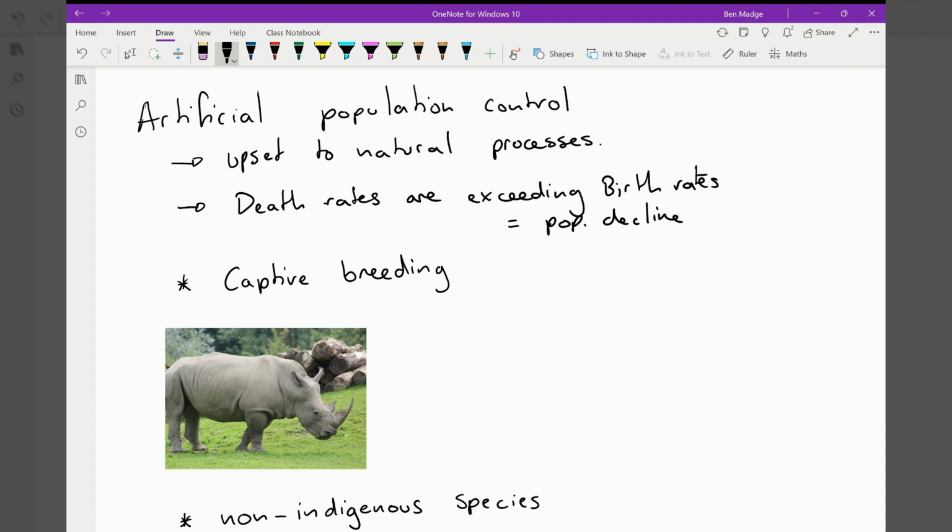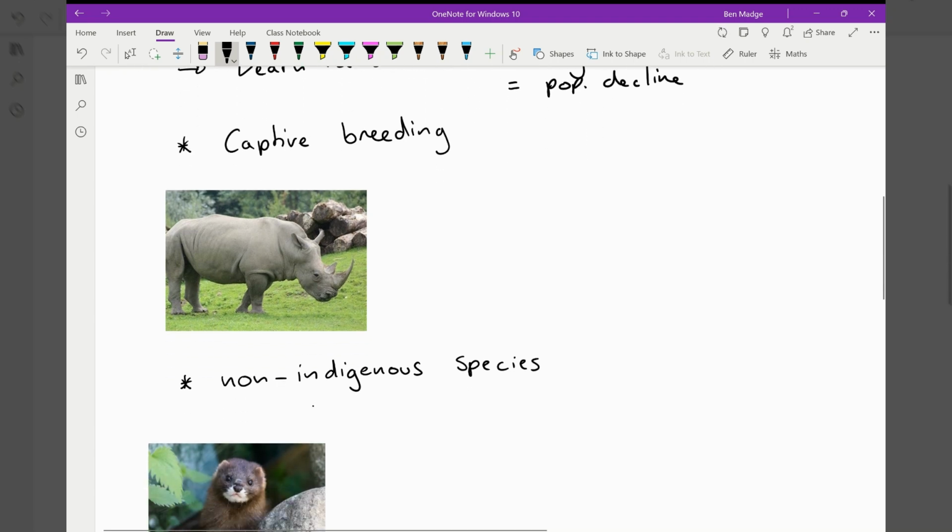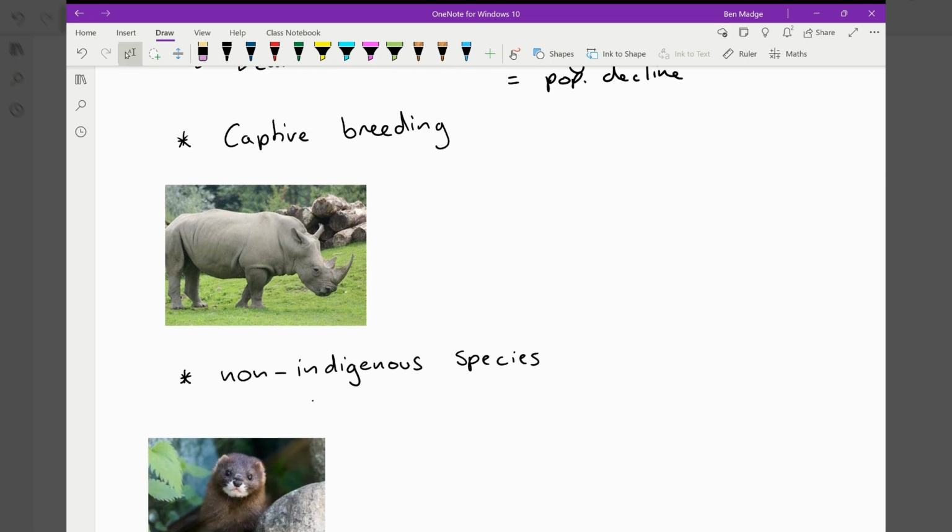So, to regulate populations, one of the things we might do is increase the population through captive breeding. So captive breeding is where we breed species in captivity, so in a sort of zoo or in a game reserve, and then we will release them back into the wild when it's safe to do so.